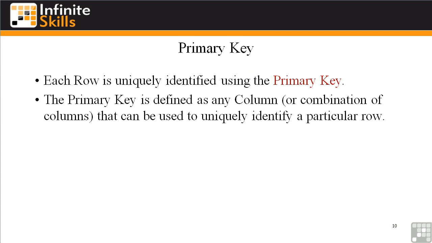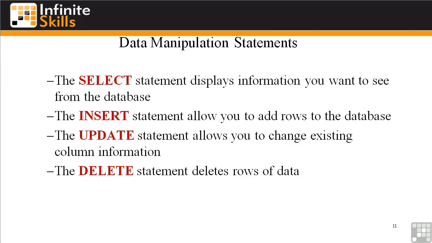Now, the primary key that I was talking about is what we use to uniquely identify the row. And I showed you back a ways that the employee ID was not a bad choice for identifying an employee. The definition of a primary key is any column or combination of columns that can be used to uniquely identify a particular row. Now we're going to learn about data manipulation statements as we go here.